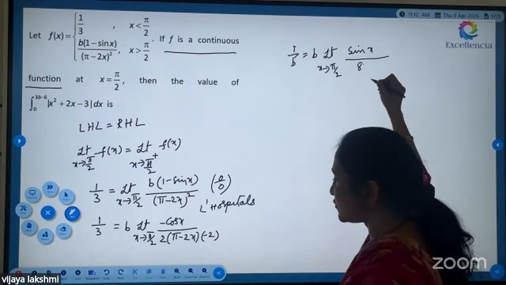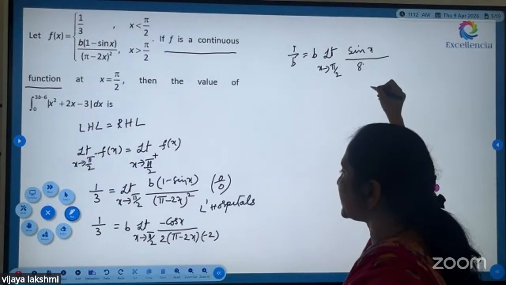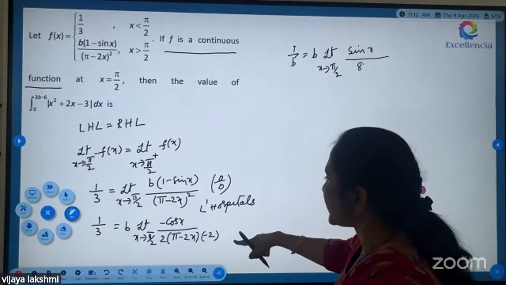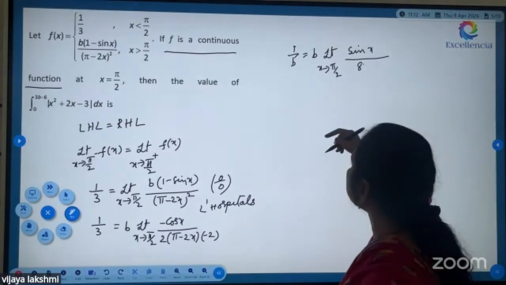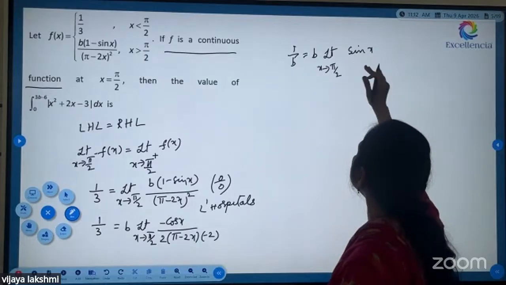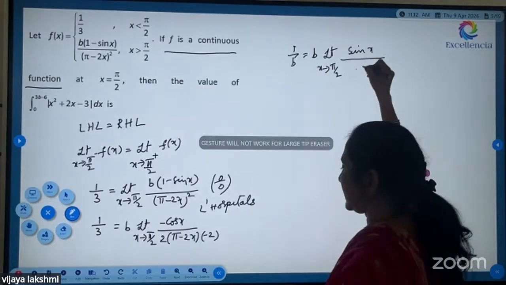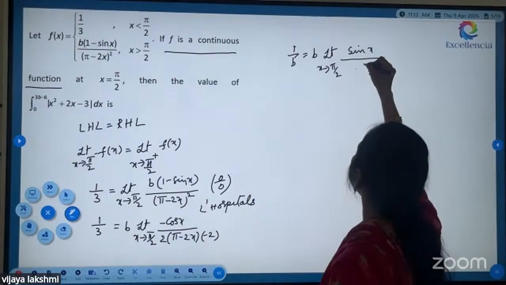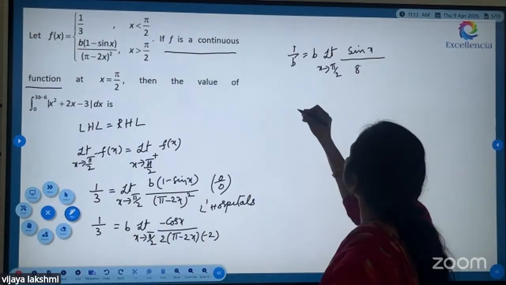Sin x over 5 minus 2x into minus 2, here minus 4, we get it.